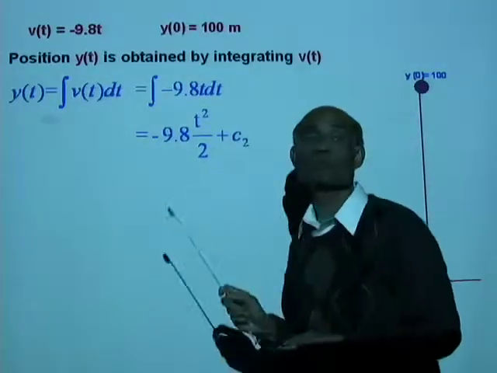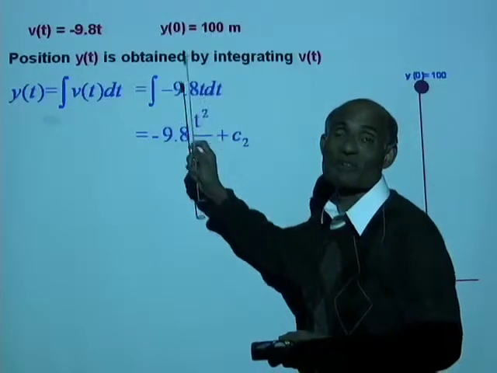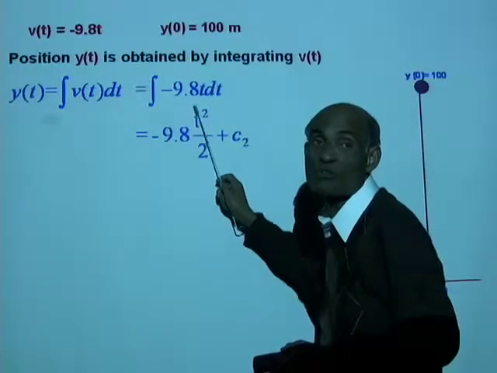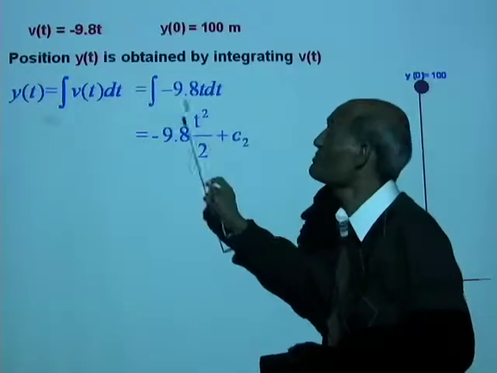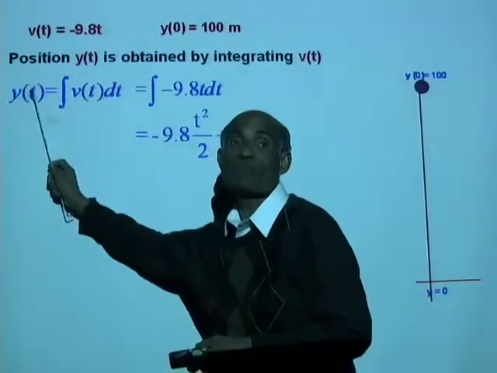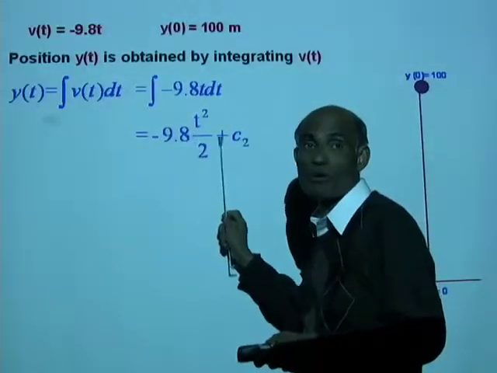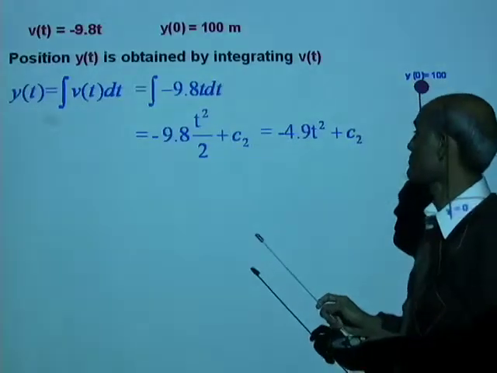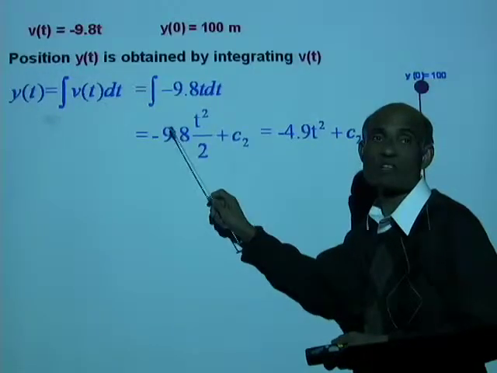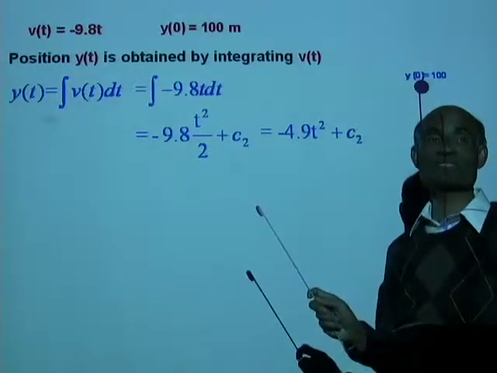How do you find the c2? Well, using that situation given to us. That situation tells us that when t is 0, the position is 100 meters. When t equal to 0, y equal to 100. So we can write 100 equal to 0 plus c2. Now I simplified this. 9.8 divided by 2 is 4.9. So this is negative 4.9 t squared plus c2.